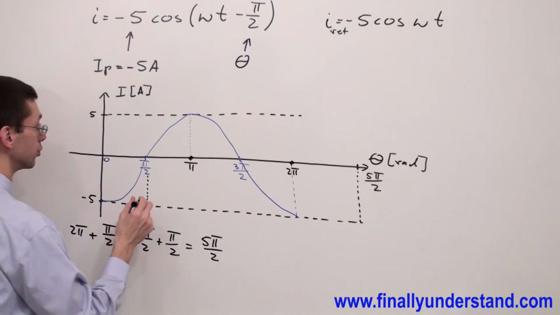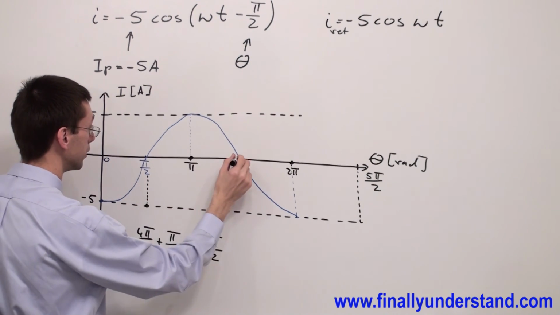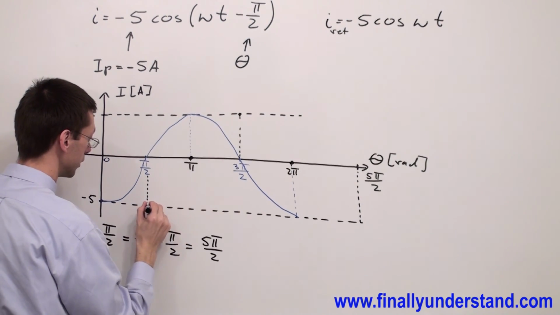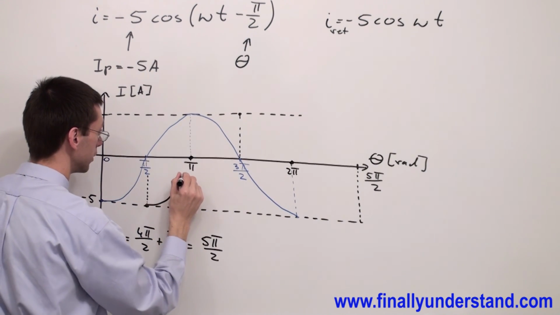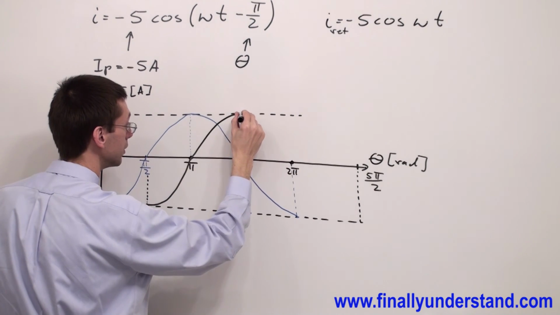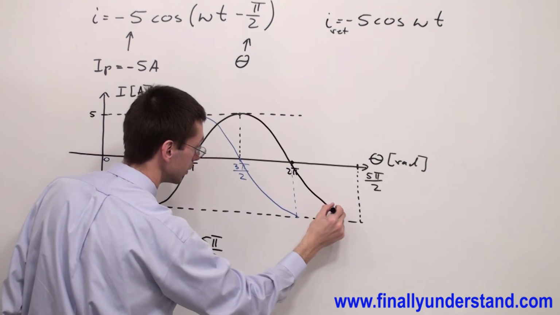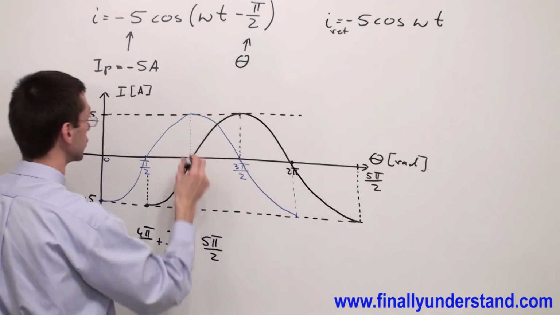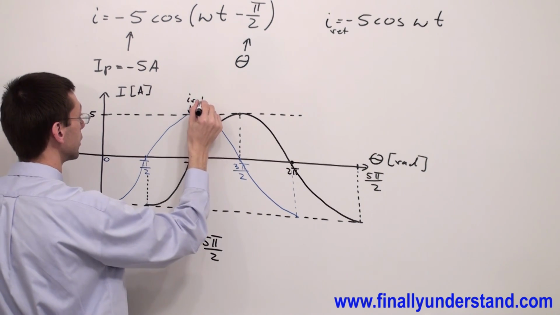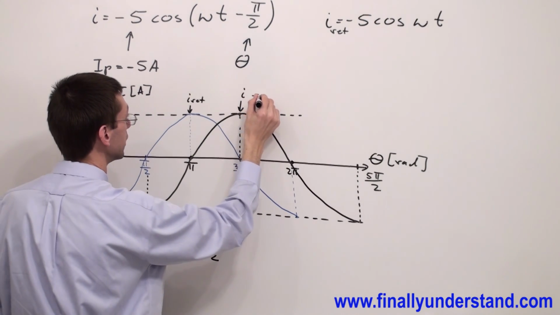My wave is going to look like this. I have positive peak over here. Okay, so this is my I reference, and this is my answer I, which is simply the answer to the problem.